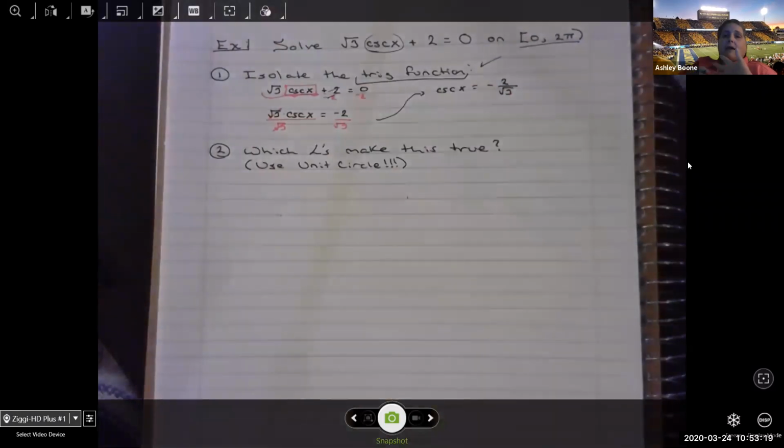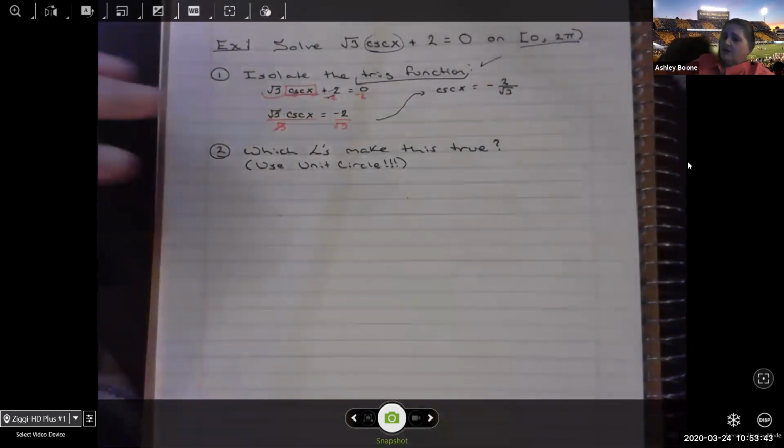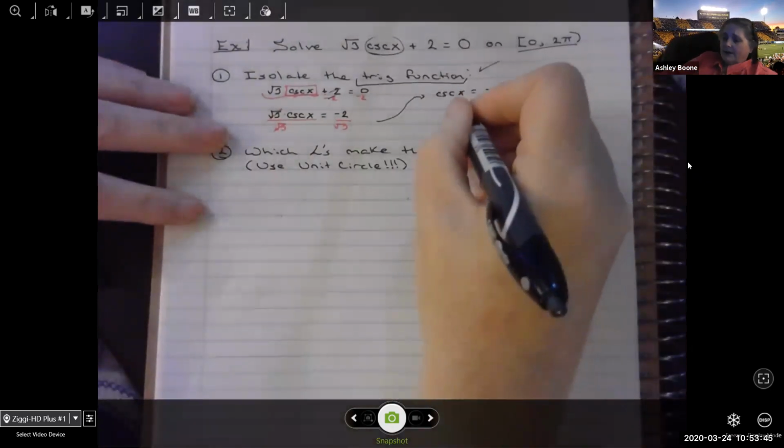Now, you can work with cosecant if you want to work with cosecant. No problem. We can work with that all the way through. But when you're talking about your reciprocal functions, your cosecant is the reciprocal of sine. Secant is the reciprocal of cosine. Cotangent is the reciprocal of tangent. Sometimes it's easier to go ahead and use the reciprocal identities.